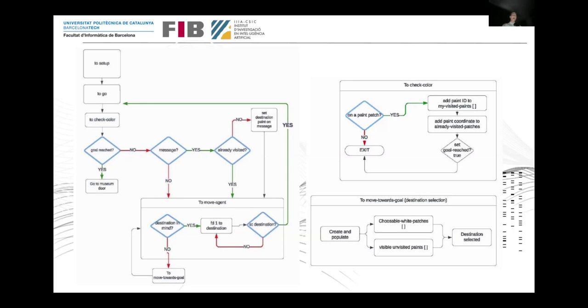That, as we will see in a moment, was considered in this experiment after validation to be a recommendation for visiting a painting when crossing paths with other agents. So in general, the main goal established was to visit the maximum number of paintings in a reasonable amount of time.